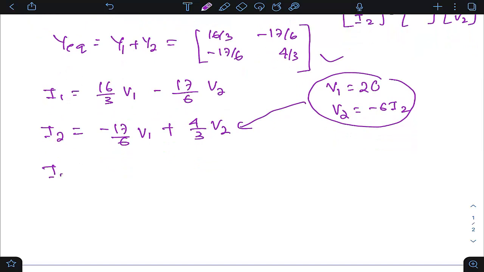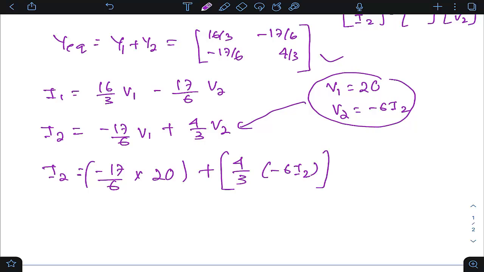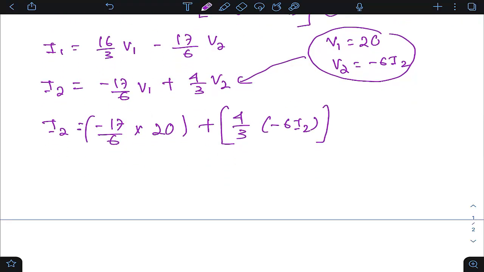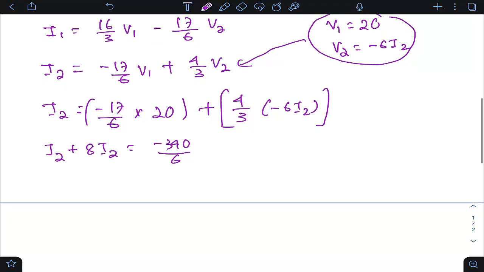So I2 equals minus 17 by 6 into 20, because V1 is 20, plus 4 by 3 into minus 6I2. If you simplify it now, I2 plus 24 by 3, which is 8I2, so 8I2 equals minus 340 divided by 6.